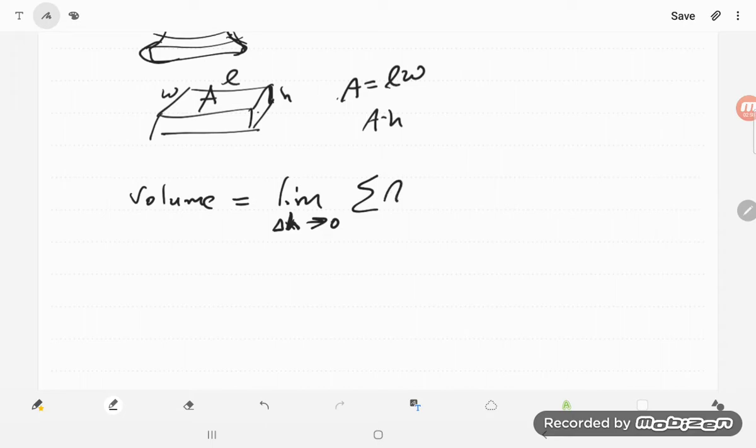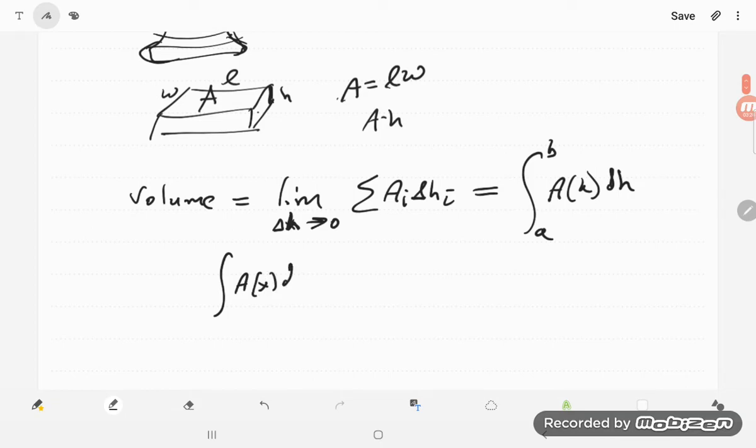If we can add up a bunch of a sub i's times delta h sub i's, we can turn that into some sort of integral from an a to a b, and we'll get some a of h dh. Now, if we slice along the x-axis, then this is an integral of a of x dx. If we slice along the y-axis, this is some a of y dy.